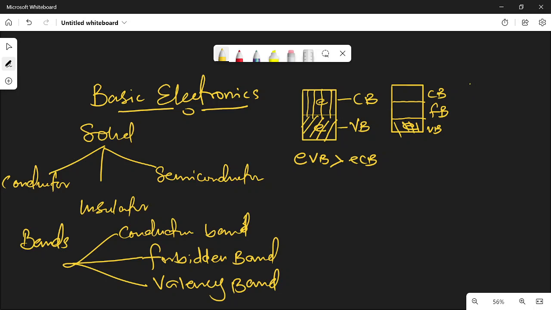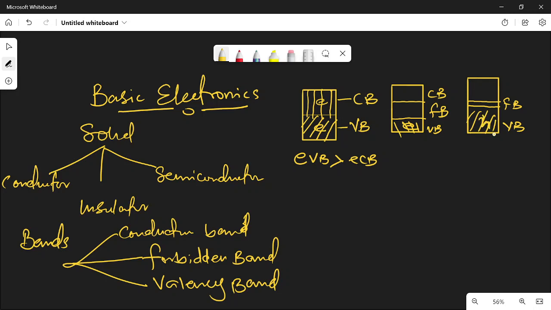Okay, if it is now a semiconductor, for semiconductors, they have a tiny forbidden band, and instead of having electrons in their valency band, they have what we call holes in their valency band.